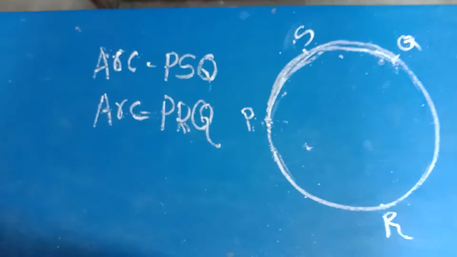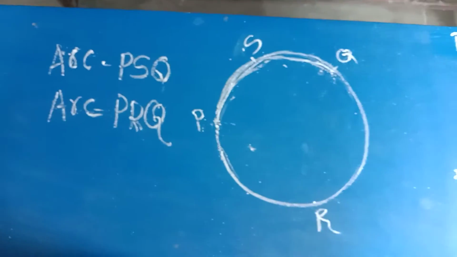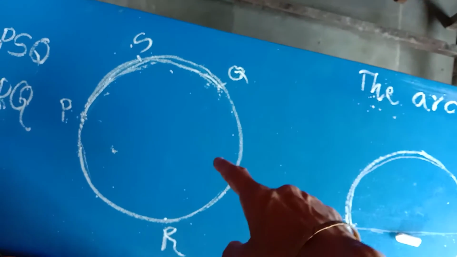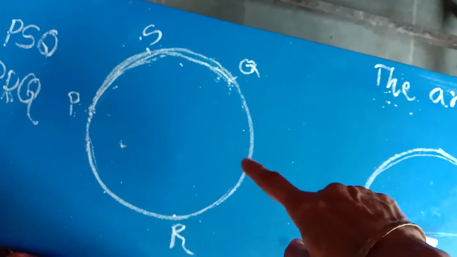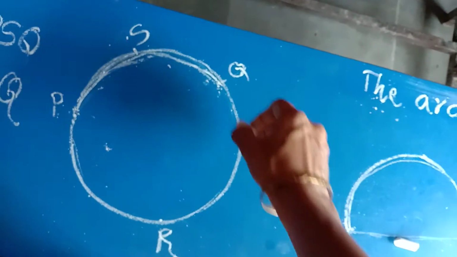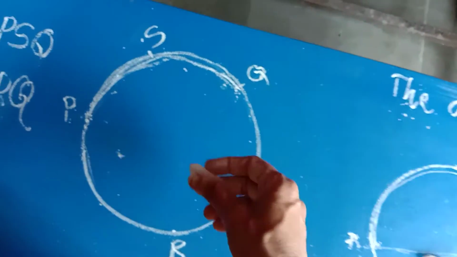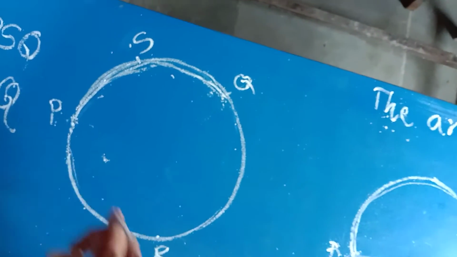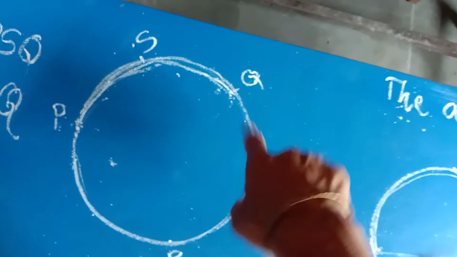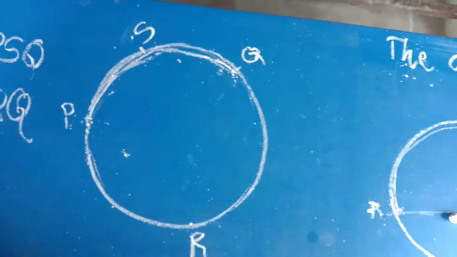Understand? Understand or not? Once again I am going to explain this one. Look here, on this given diagram there are 2 points, point P and point Q. These 2 points have divided this circle into 2 parts. Each of these parts, part 1 and part 2, is called an arc of the circle.